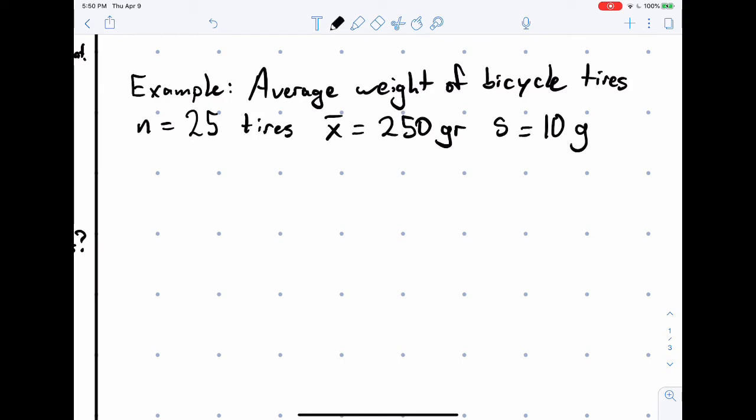So a racing tire, you might get average weight of 250 grams and a standard deviation of 10 grams. There's a lot of variation because the rubber might be thicker or less thick in places, so there's variations in the weight. Suppose you computed that based on a sample of 25 tires.